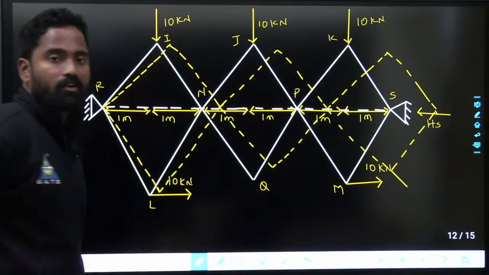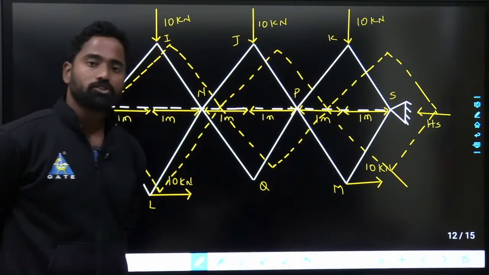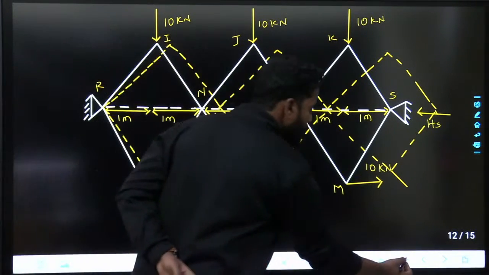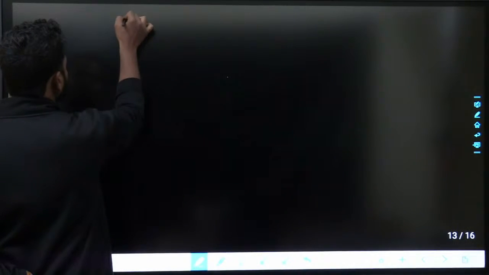What is principle of virtual work? Work done by the external forces is equal to work done by the internal reactions.